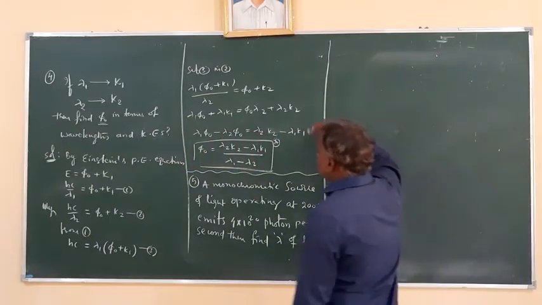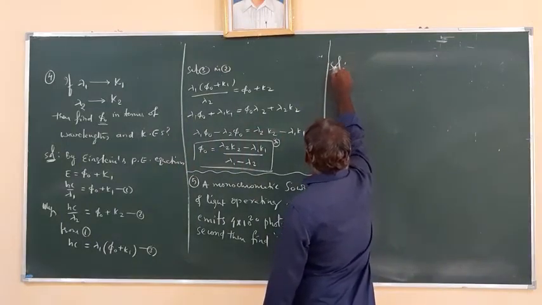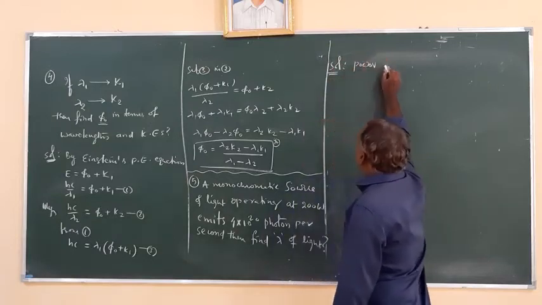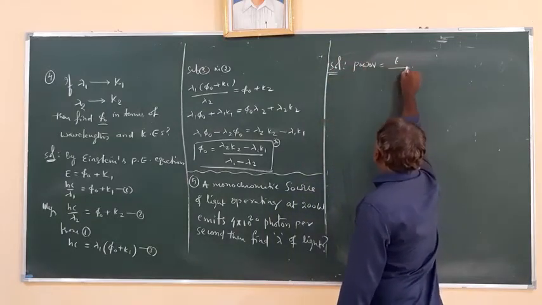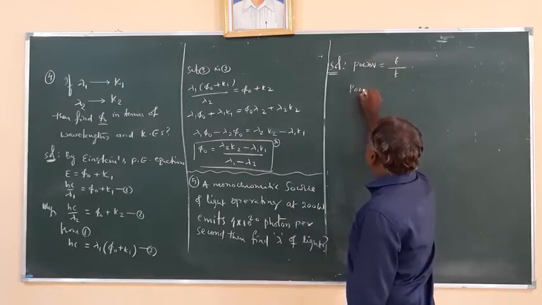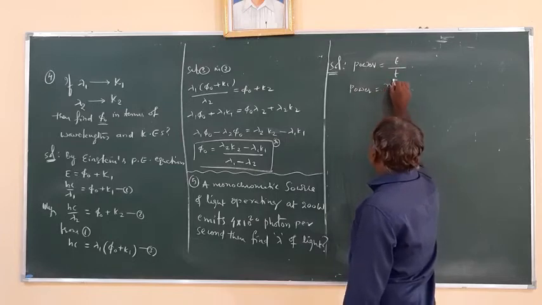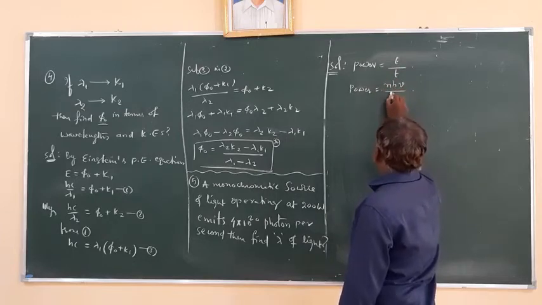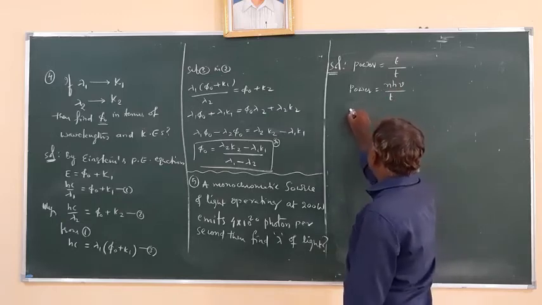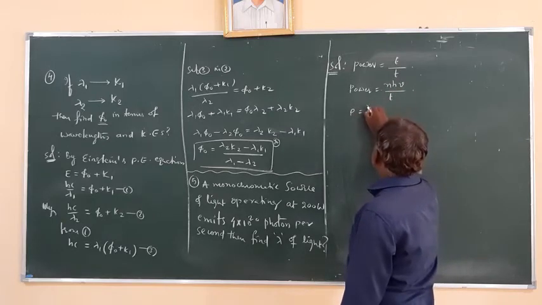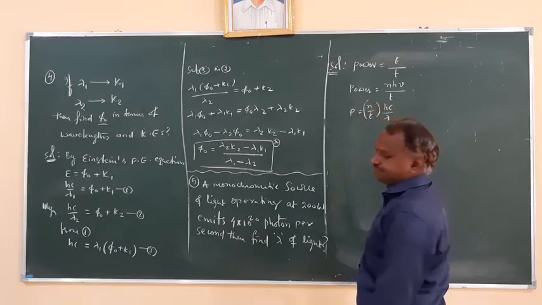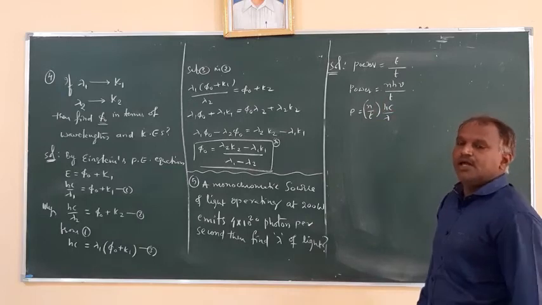The solution is: power is equal to energy by time, but this energy we can write as n times h nu upon time. So here power is given, P is equal to n by t into hc by lambda.